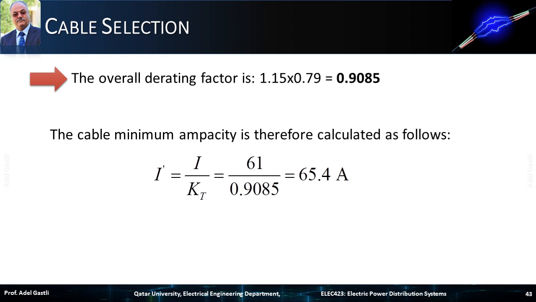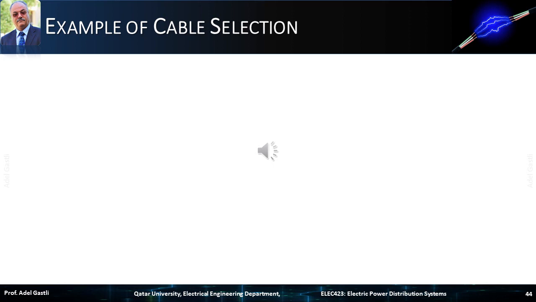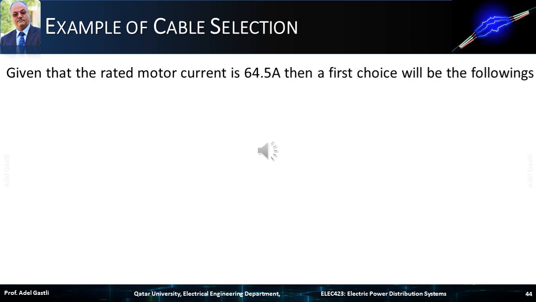The obtained value of 65.4 amps is the value that will be used to select the cable based on its ampacity. Given that the calculated derated current is 65.4 amps, then a first choice will be the following. For cables laid in free air, according to the Doha Cables catalog, the possible cable current ratings are given in this column.